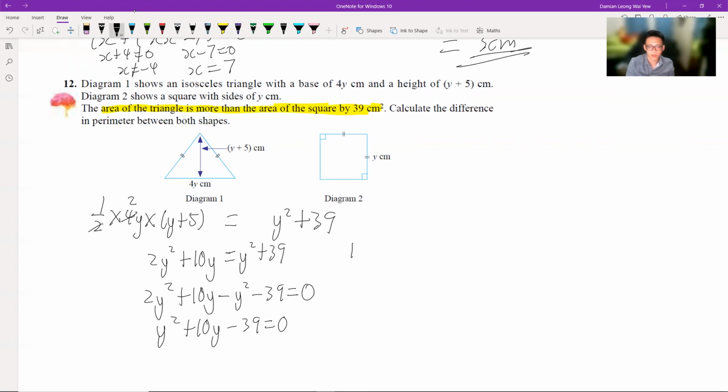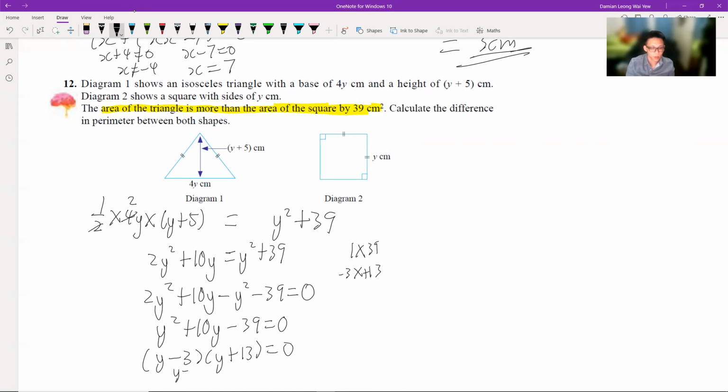Factorize. Factors of 39: 1 times 39, 3 times 13. To get plus 10, it must be plus 13 minus 3. So y minus 3, y plus 13 equals 0.